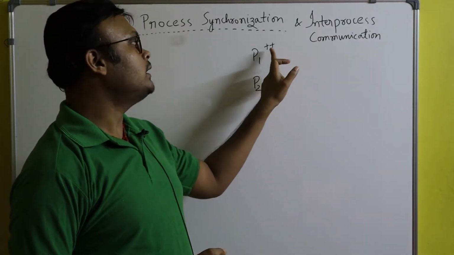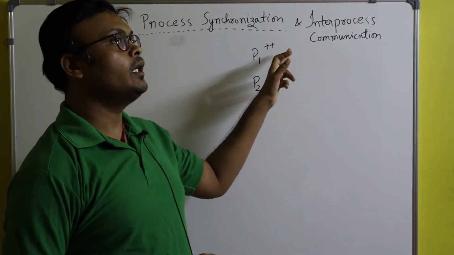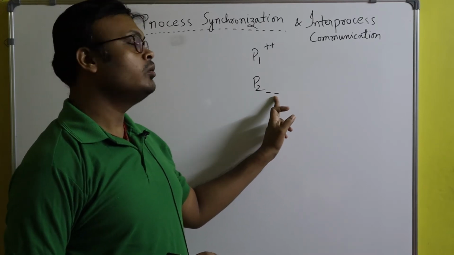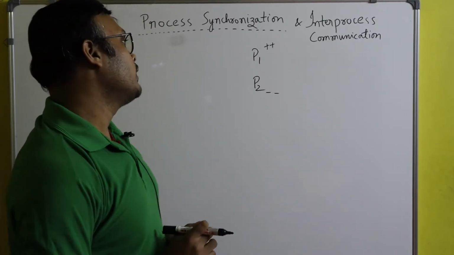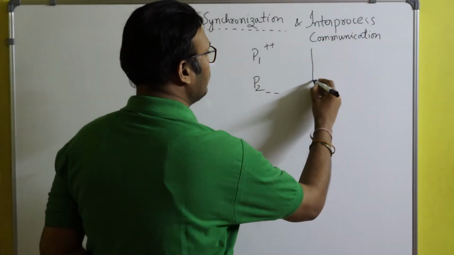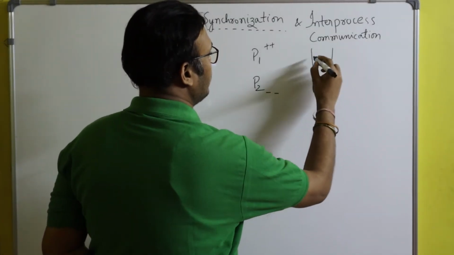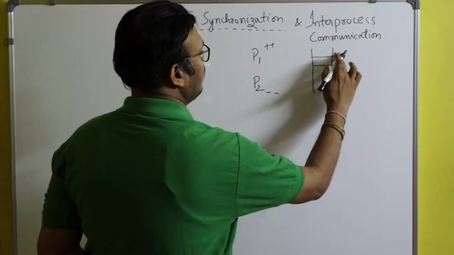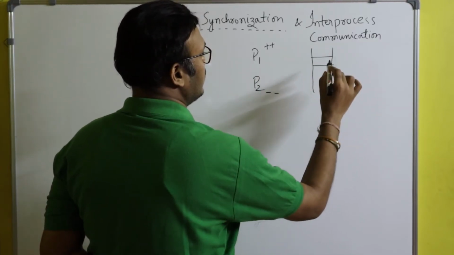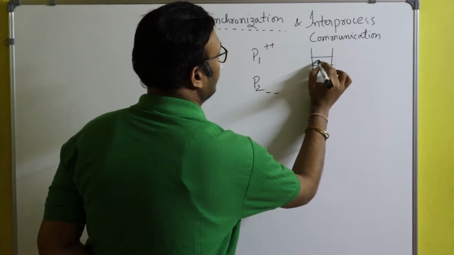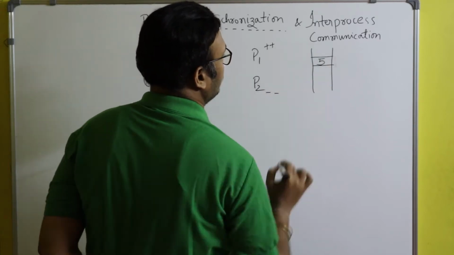Increment is an operator which does +1, and decrement does -1. Suppose in a memory location, in RAM, there is a value stored at this particular location, say 5.